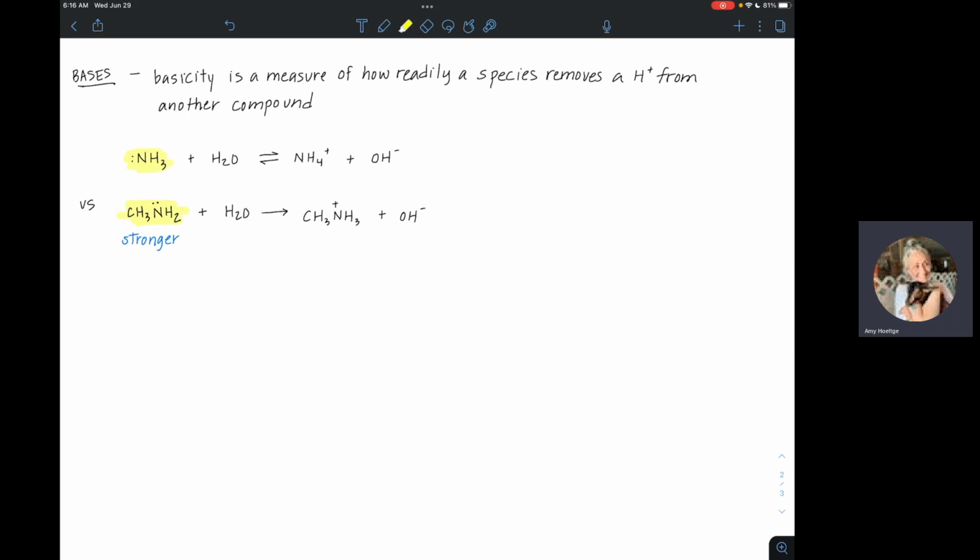So when you're looking at the structure of a base and trying to decide which one is more basic, in general, if you don't add electronegative elements, if you add more substituents, that is, more groups on the atom that bears the lone pair of electrons, and in this class we're mostly going to be dealing with nitrogen and oxygen atoms, the more substituents you add, the better you are at localizing the lone pair of electrons on the nitrogen, or if you had oxygen, on the oxygen atom, and you'll make that molecule more basic.